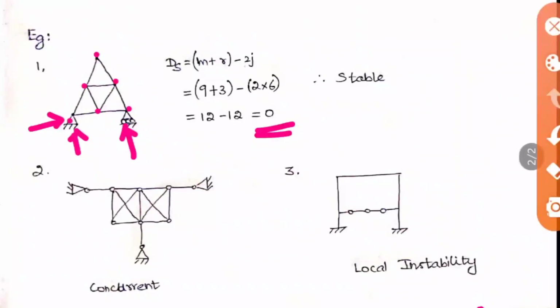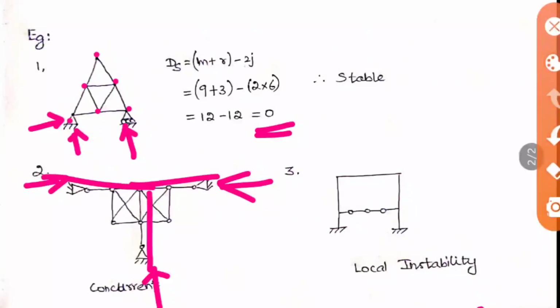In the second question there are rigid supports, so three reactions will be happening like this. No need to do any reaction calculations here. These are concurrent reactions meeting at a point, so obviously this system won't be stable at all, and you can directly choose unstable.